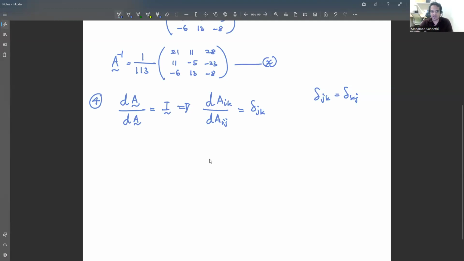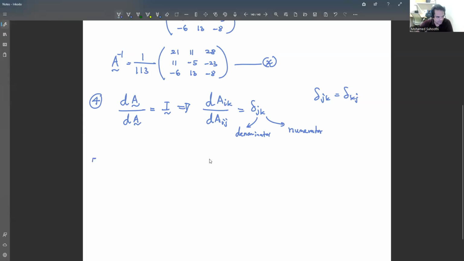In the differentiation, you must follow this: the first one, the denominator index, the second one, the numerator index, right? Here you can see when j and k are equal, you will get 1, right? When j and k are different, you'll get 0, right? Differentiation is 0, right? So that is the fourth one.